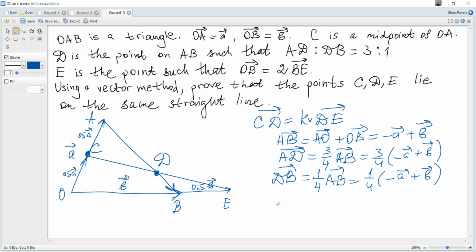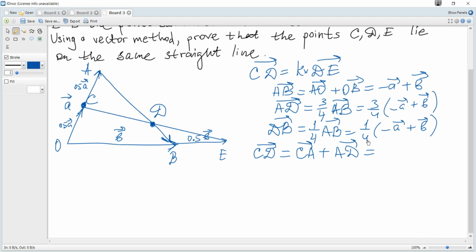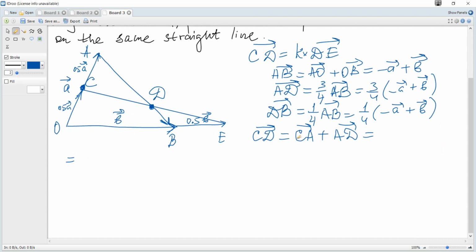Hence, we can write the CD vector and also apply the triangle rule for the sum. We can move, for example, from C to D in this direction, so CD is CA plus AD, or in this direction it's CO plus OB plus BD, it doesn't matter. So if we move through A, CD is equal to CA plus AD. What is CA?